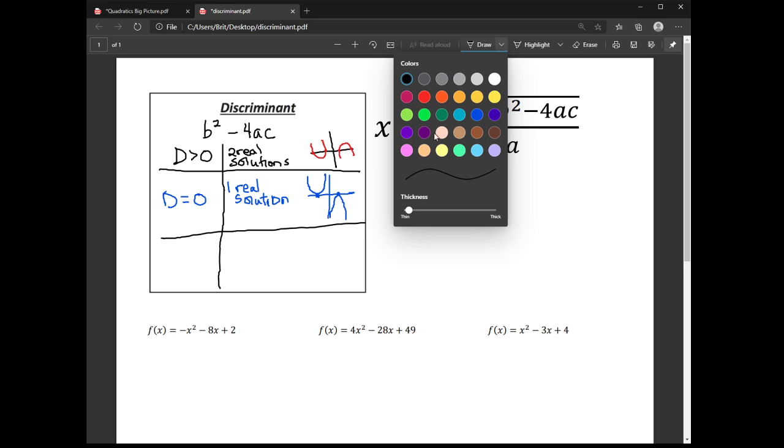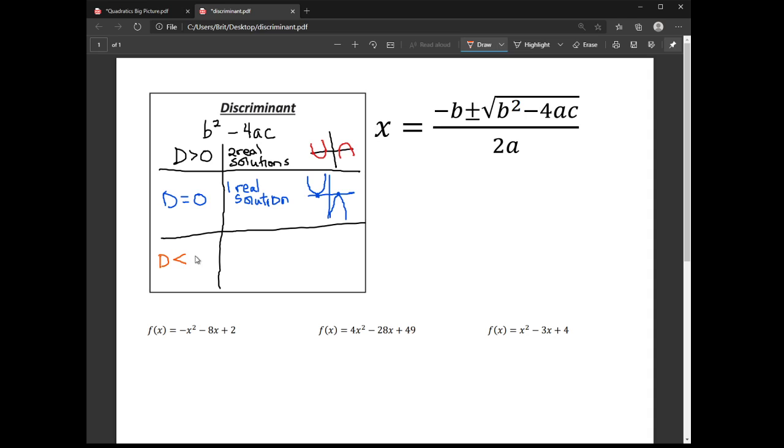And then our last example is what if that discriminant comes out negative? So we have a discriminant that is less than 0. This means that there are 0 real solutions, but there will be 2 imaginary solutions.